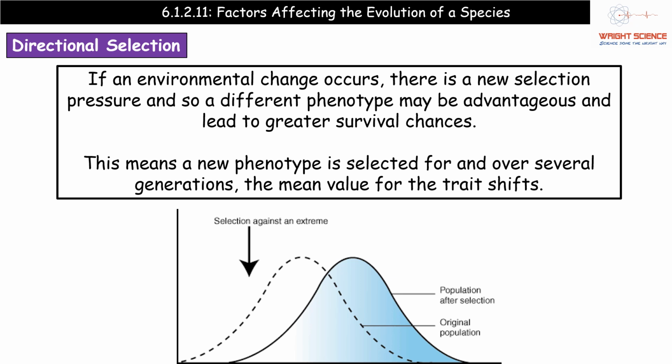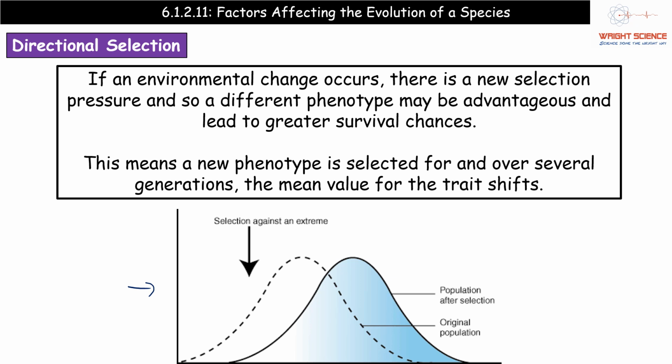So what we see is this little graph here. Now you can see we've got a little dashed line that is our original population, and then we've seen a change in our environment which has led to this new allele being more advantageous because it's conferring a phenotype which has given that advantage in this new environment that we find ourselves in.